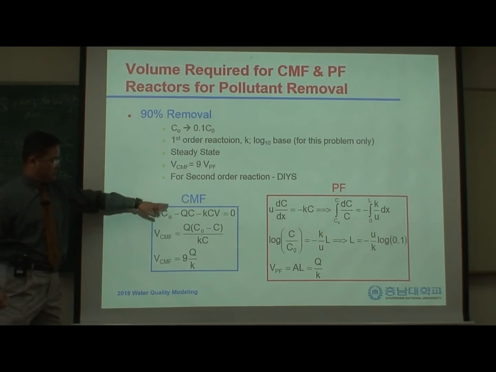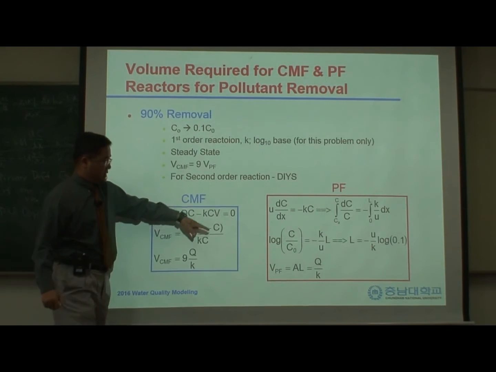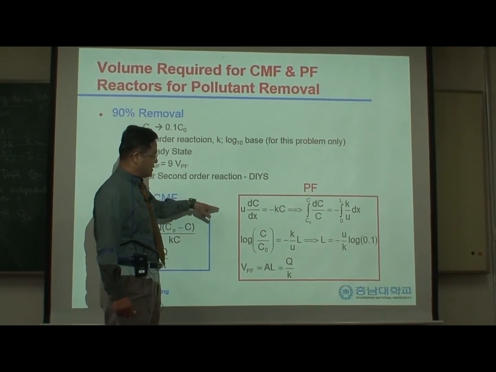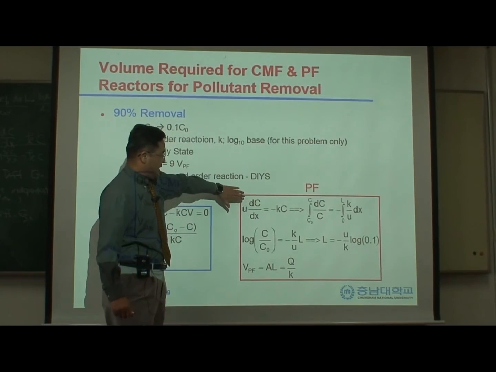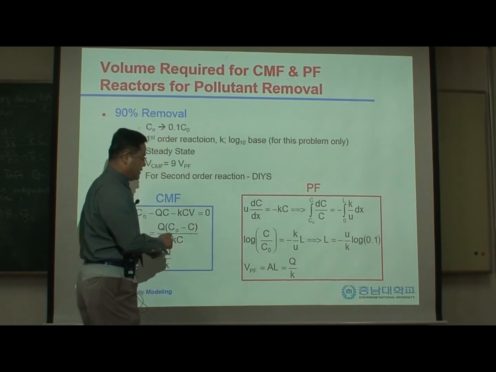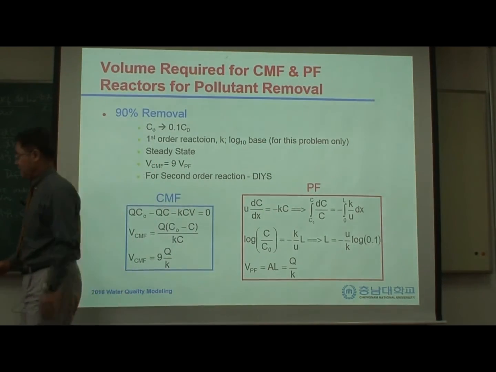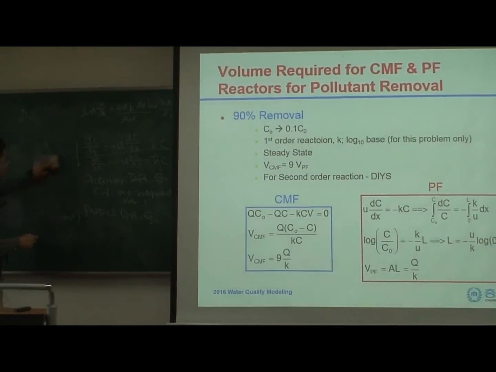So to calculate V, this is a piece of cake, right? And to calculate PFR, I had ∂C/∂t, which is 0, and then I could rearrange this one. If you can follow this, it is not really difficult, but anyway, I will let you do it during your homework.